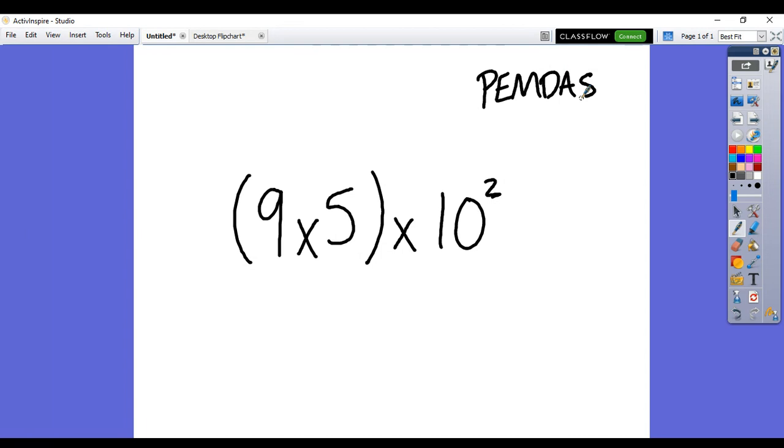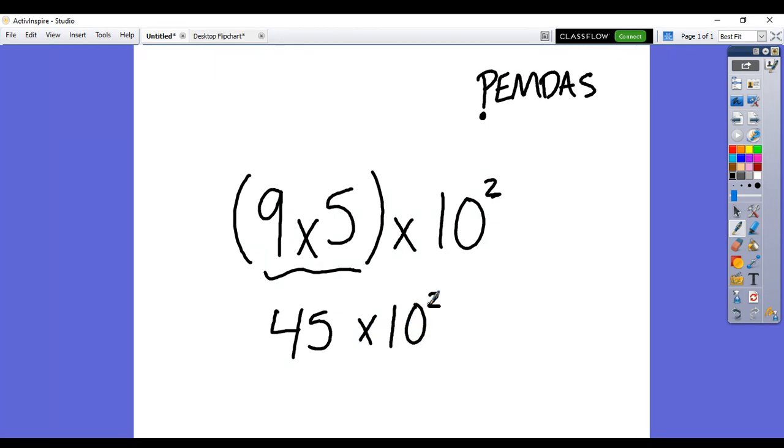Basically, we've got our parentheses first, right? Do we have any parentheses in this problem? Yeah, we do, right here. So we're going to go ahead and solve 9 times 5 that's in parentheses. 9 times 5 would give me 45, times 10 to the second.